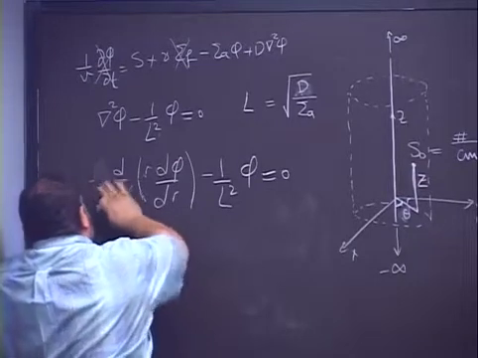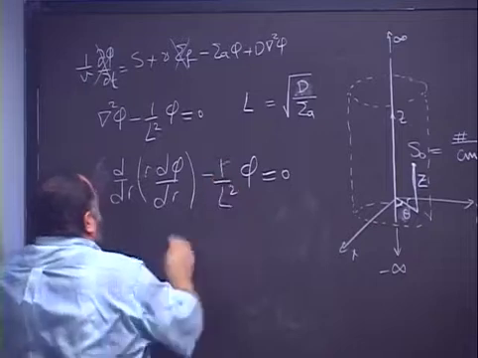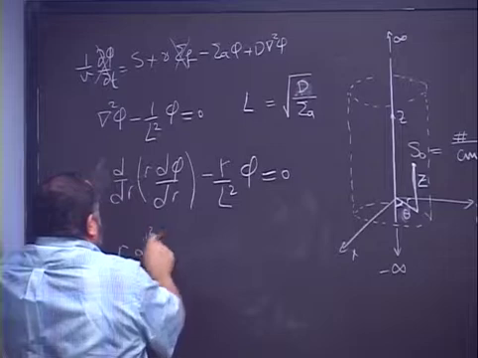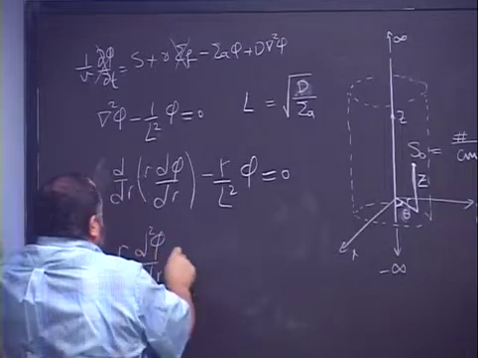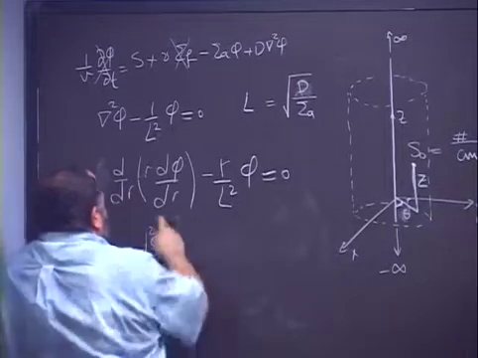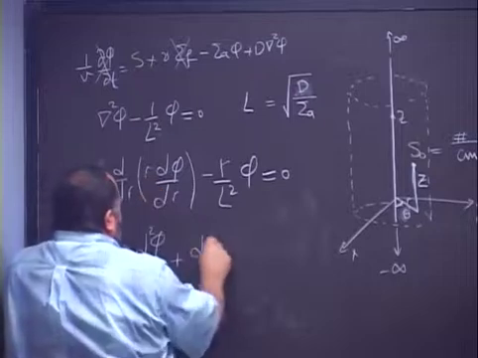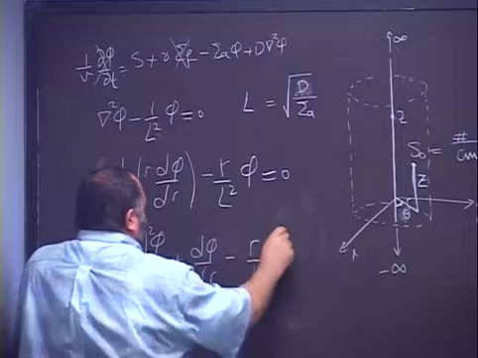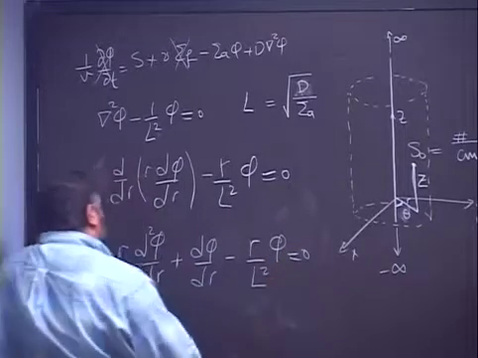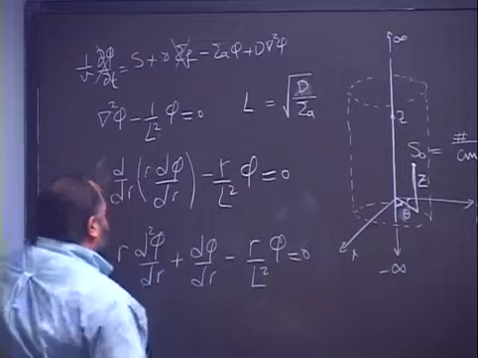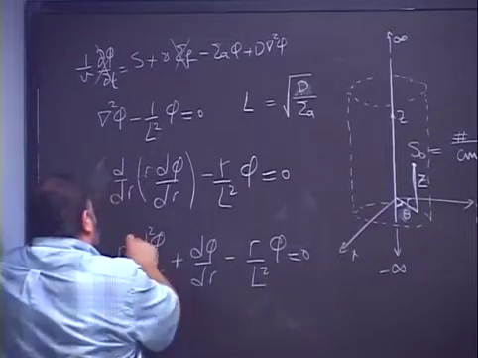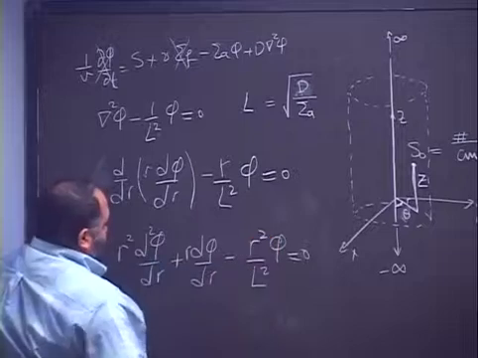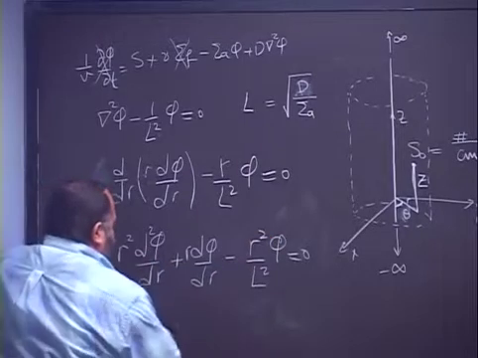When you multiply by r, you end up with r times the first multiplied by the differentiation of the second plus the second multiplied by the differentiation of the first, which is 1, minus r over L squared phi equals 0. Then if you multiply all terms by r, this will give you r squared, and this will be the form.